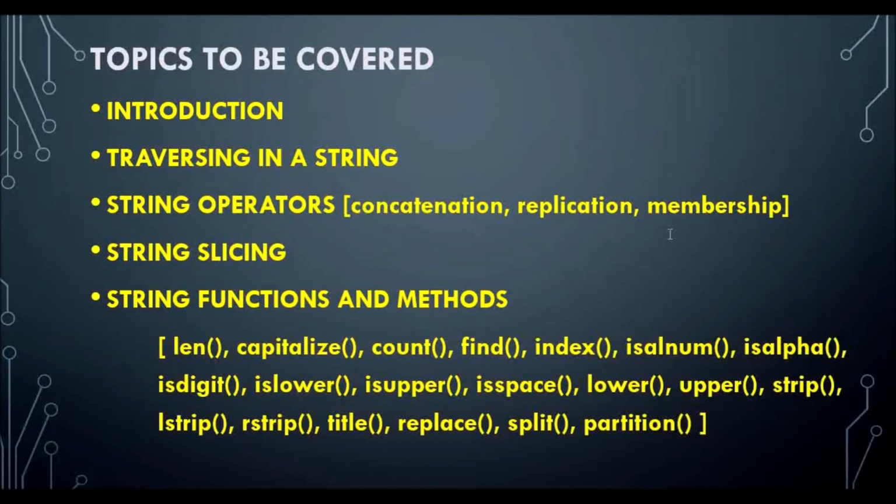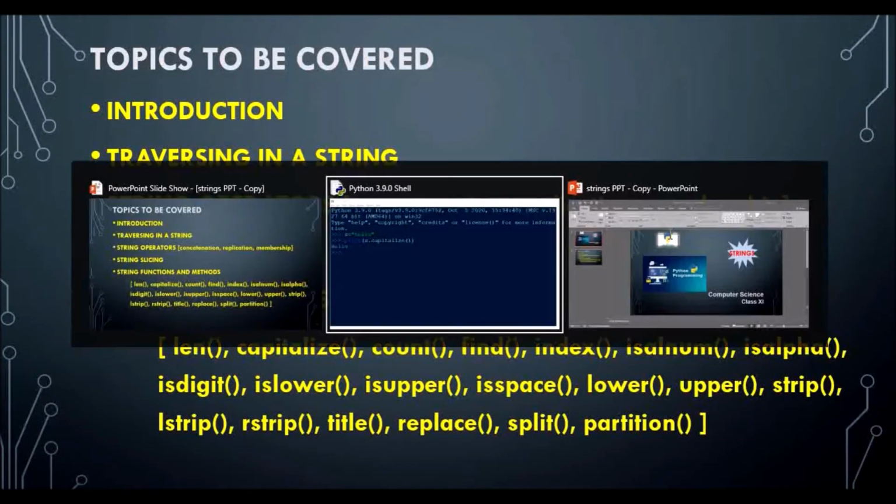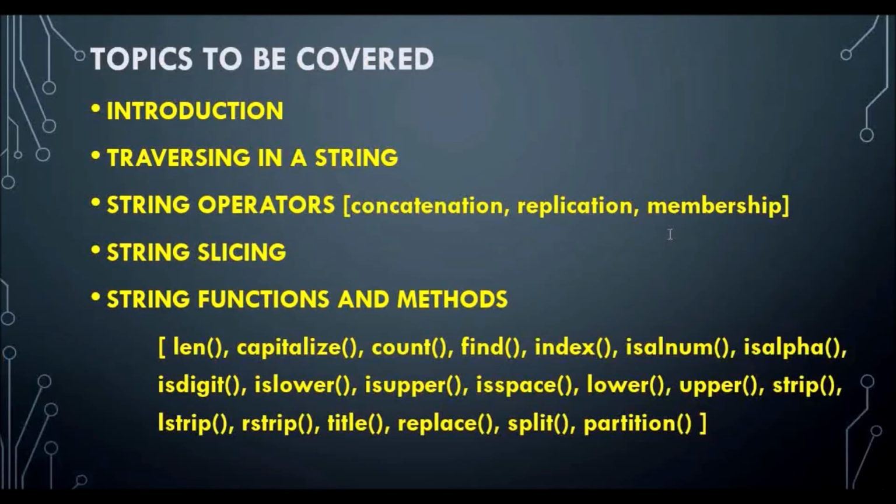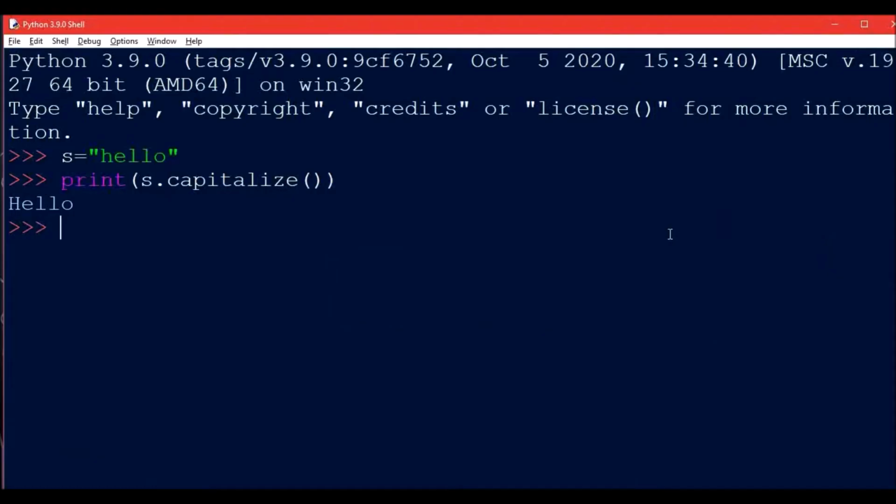Then the third one in the list is count. So what is the use of count? Count basically returns the number of occurrences of the substring in the string. What does this mean? Let us understand practically. Now suppose I have a string as this is the string. I have to count the occurrences of AB in this.